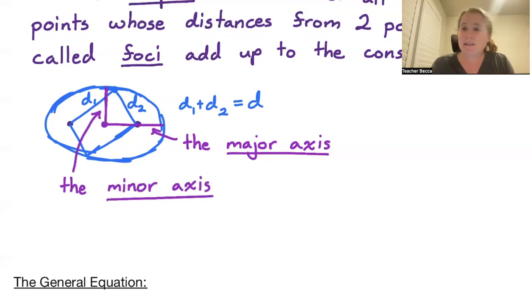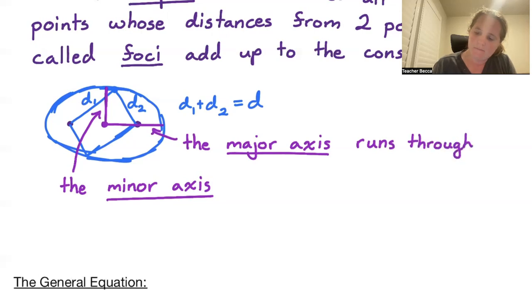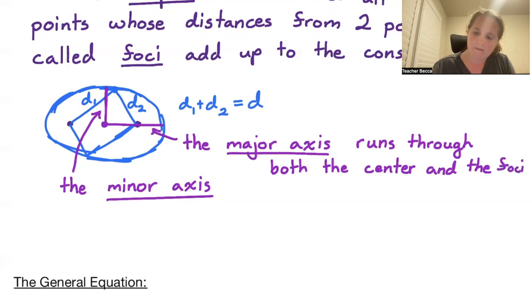So the major axis is the line that runs from the center through the foci. So the major axis runs through both the center and the foci. A minor axis is perpendicular to the major axis.